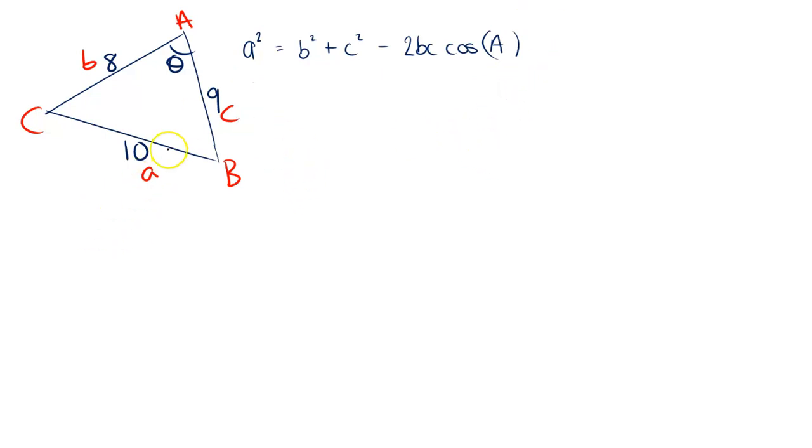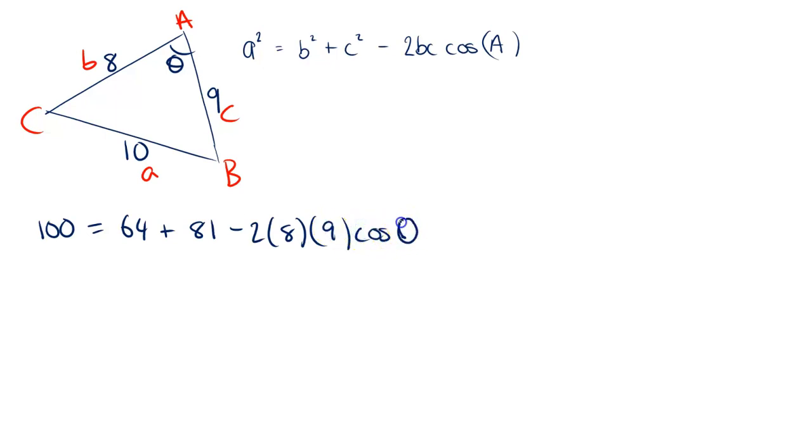So I'm going to substitute in, so this here, a squared, that must be 10 squared, so that's going to be 100, is equal to, and then I want b squared, so 8 squared is 64, plus c squared, so 9 squared is 81, and then I'm going to do minus 2 times b times c times cosine of theta, which is the thing I'm now looking for.